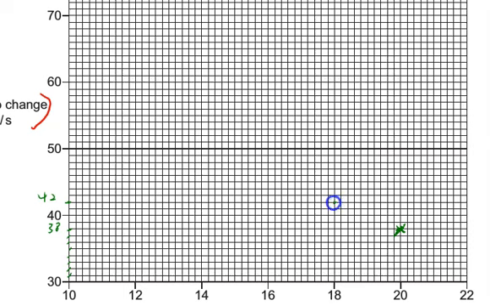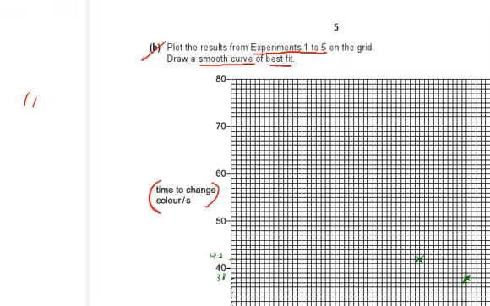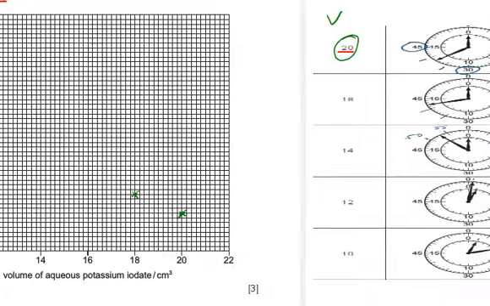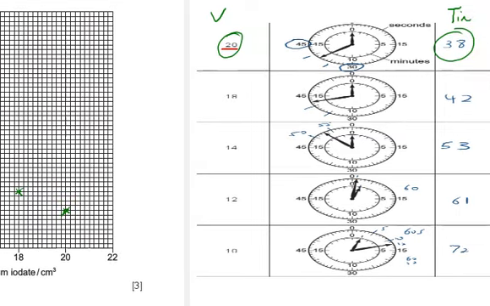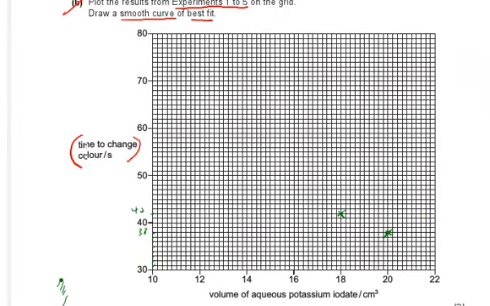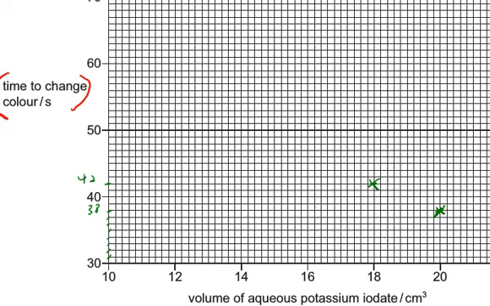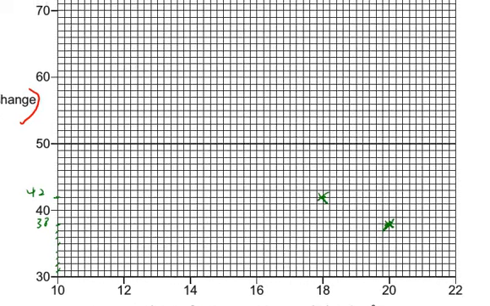It will be here at this point. The next one here will be 14, 53. So 14 is here, this point, and 53 which is here. So roughly it is here.